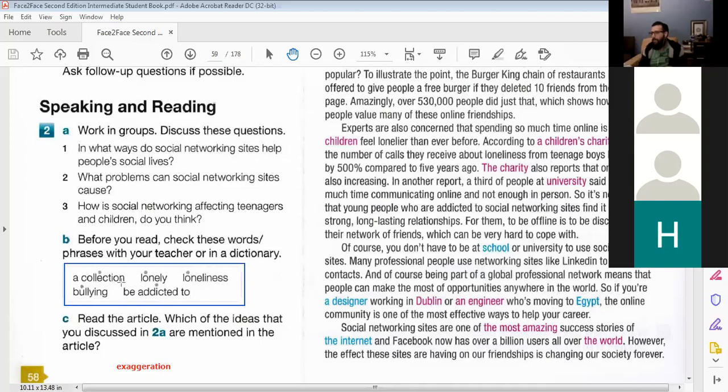Okay, so bullying is like... Maybe I know it. Yeah, what do you think it is? Maybe you can guess. It means when somebody has a bad characteristic and you laugh about him, about his character or his personality.